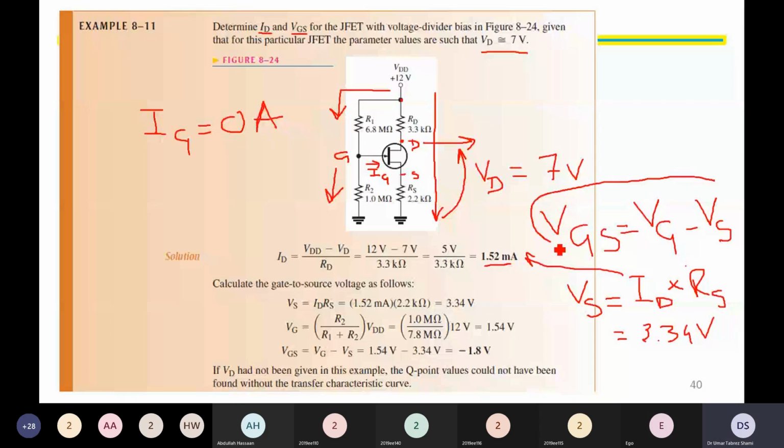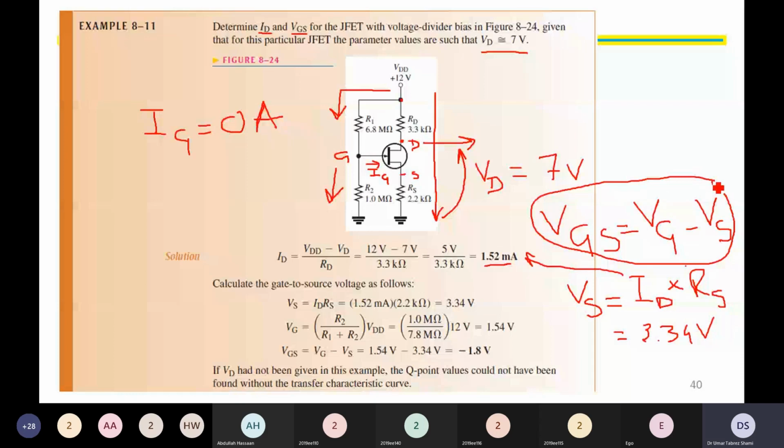So we are determining VGS. We have a general formula, VGS is equal to VG minus VS, and so far we have found VS. Now we have to find VG, the gate voltage. If we look at the circuit, we see that the gate terminal is connected between resistance R1 and R2.